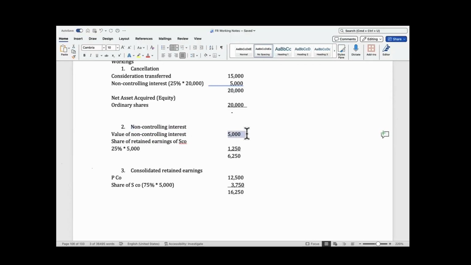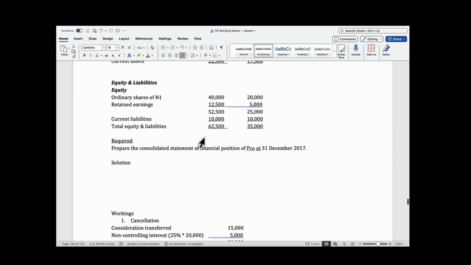So it's 5,000. Now, because this NCI is also a part owner of ESCO, he shares part of the profit of ESCO because he's an owner. He will collect dividend. He is a part owner of retained earnings. Retained earnings is profit that belongs to all the owners, and NCI is a part owner in ESCO. That's why he's getting 25% of that profit.